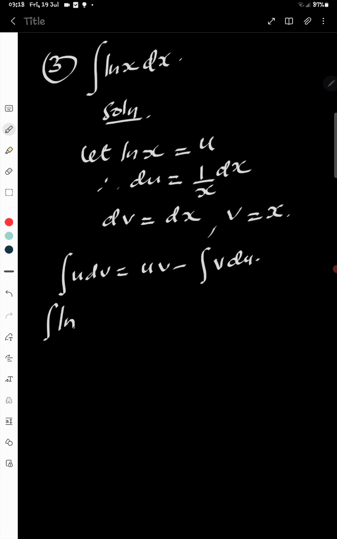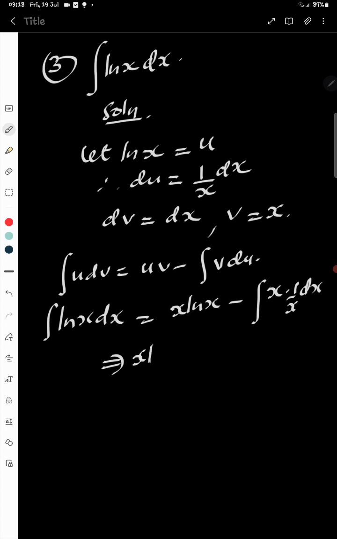Therefore, the integral of ln x dx equals x ln x minus integral of x times 1 over x dx, which is equal to x ln x minus integral of dx, which is equal to x ln x minus x plus a constant.